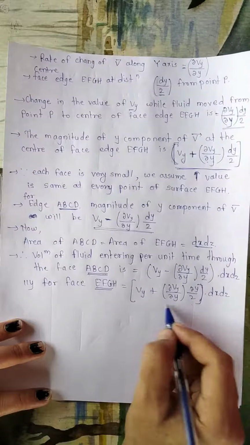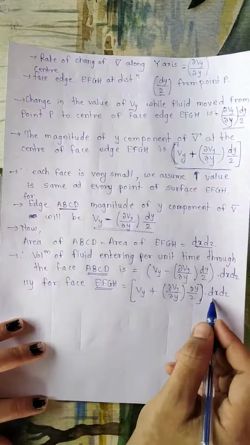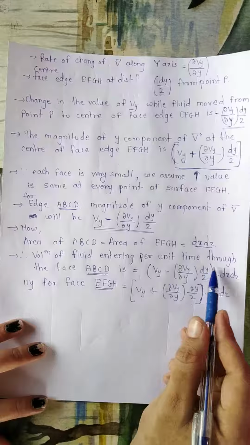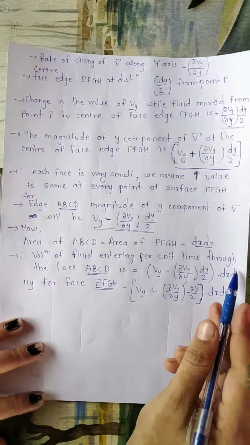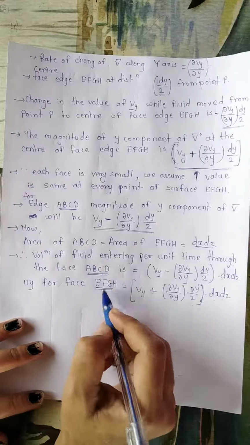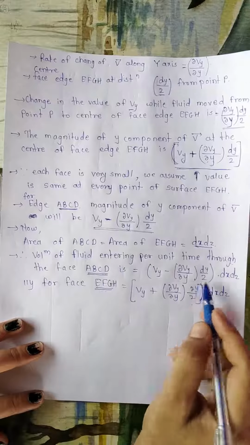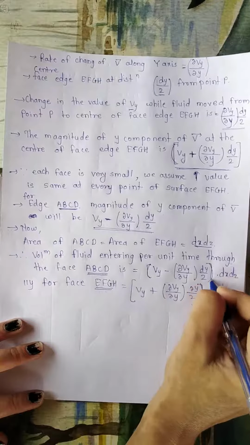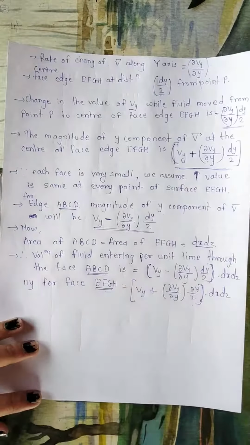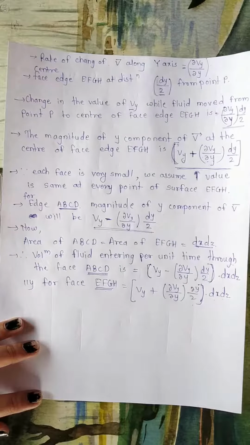So this product will give us the volume of fluid entering per unit time through both faces, which is calculated in this way. Now the flux of a fluid is positive when the component of V and the outward drawn normal on the surface or a face of the element are in the same phase.